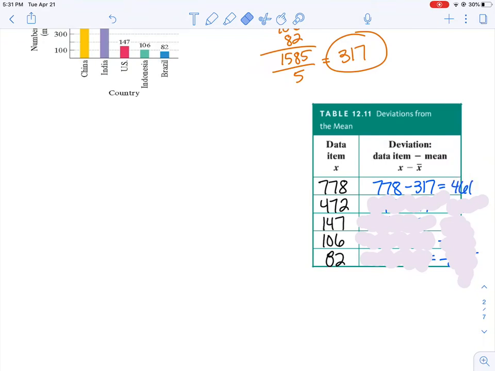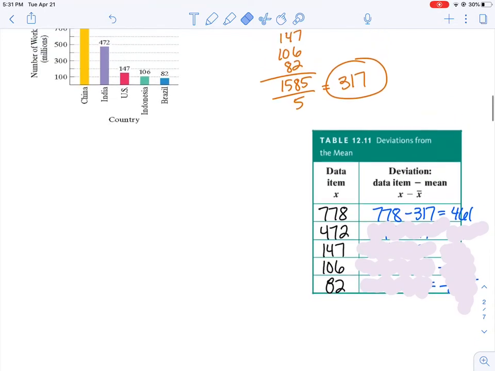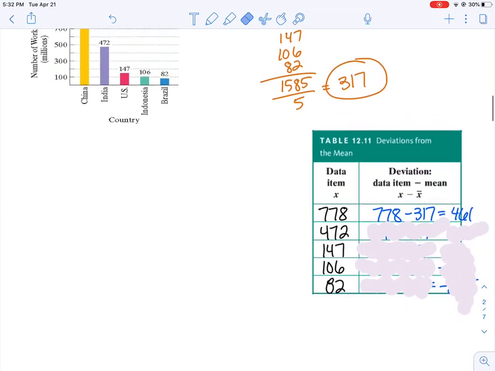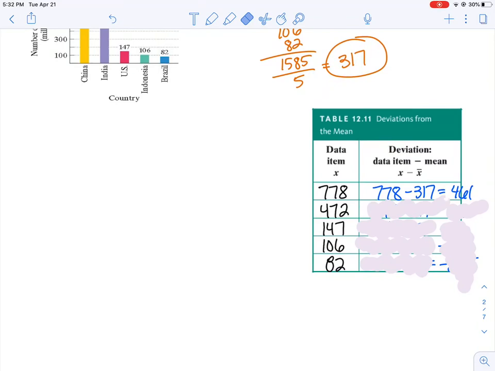I ended up getting a positive 461, which should make sense because that means China is 461 million more than the 317 mean. If I was in India, how far does it differ from the mean? I'm going to take the 472 and subtract my mean of 317, and I have 155, a positive, meaning 155 above average.